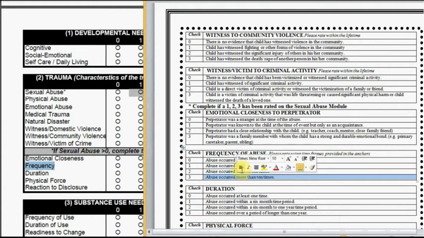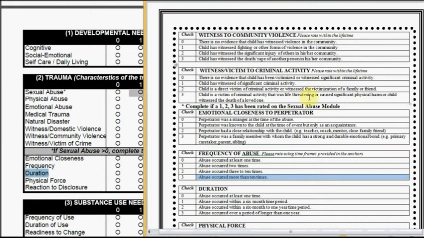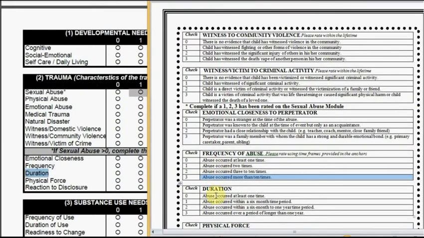And 3, abuse occurred more than 10 times. Duration of the events. And duration of the events, 0, at least 1 time. 1, within a 6-month period. 2, within a 6-month to 1-year period. And 3, over a period of longer than 1 year.